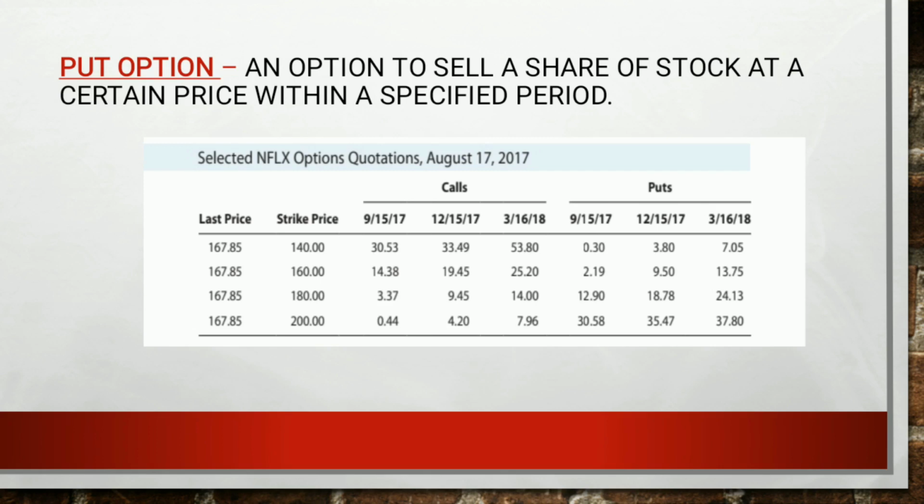So 160 is the strike price, and suppose you bought this 100-share contract for 219 pesos, and then Netflix stock fell to 150 pesos. So you could buy a share of stock for 150 pesos and exercise your put option by selling the stock for 160 pesos, the strike price.